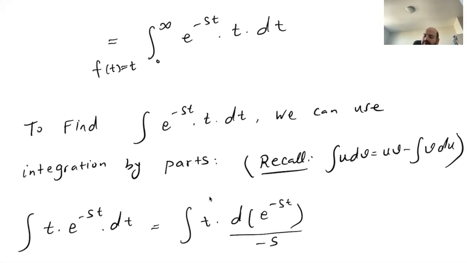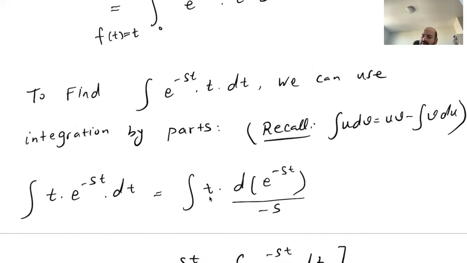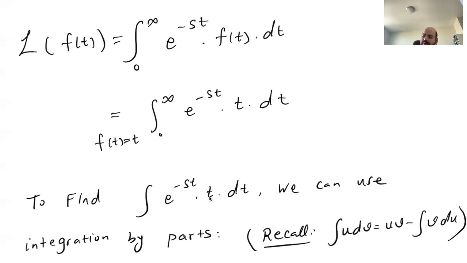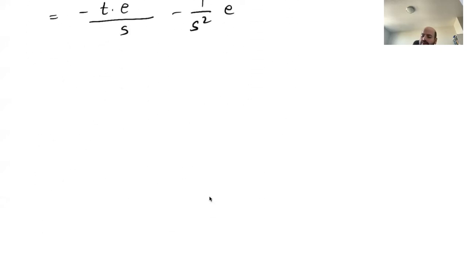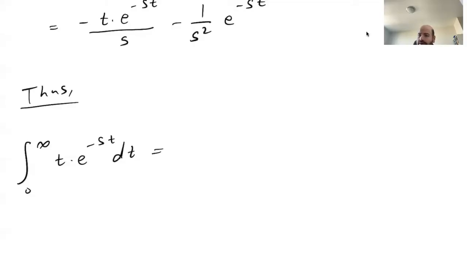Now we need to calculate this antiderivative between our limits, which are 0 and infinity. So we can say that the integral that we had, the integral from 0 to infinity of t e to the power minus st dt, is equal to the limit as t goes to infinity of this antiderivative that we calculated here.